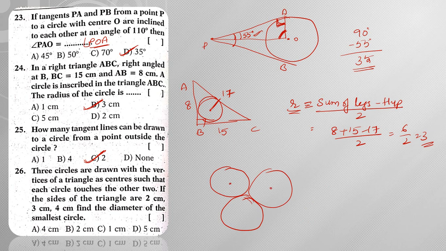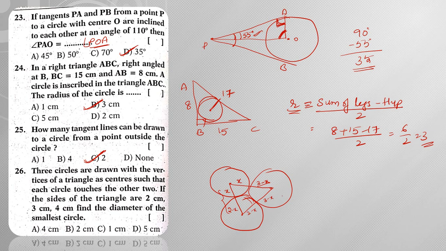So when I take the vertices and join them, the two largest circles will make up the side 4. Now suppose this is the smallest circle whose radius is some x. This is the smallest side, so it is 2 minus x, and this is the next smallest, so it is 3 minus x. Since this is 3 minus x, this also will be 3 minus x, and this is 2 minus x.